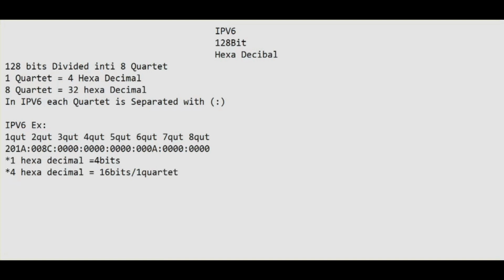Now 8 quartets are equal to 128 bits, or we can say IP version 6.